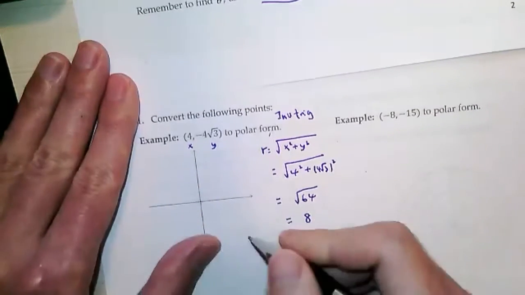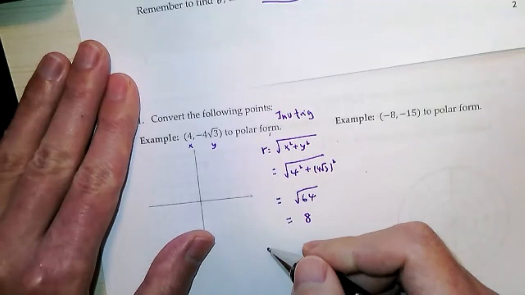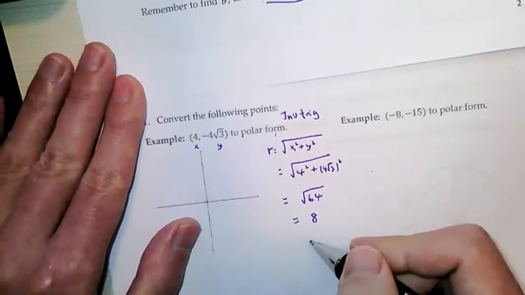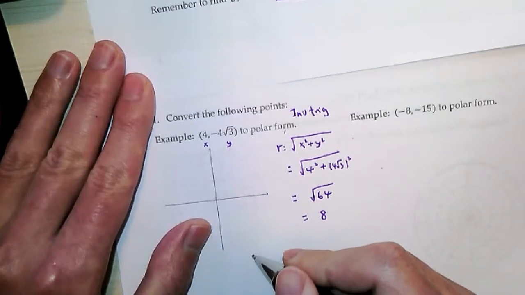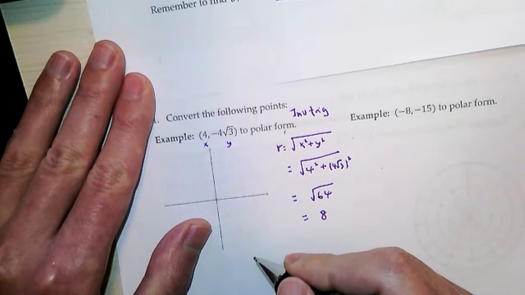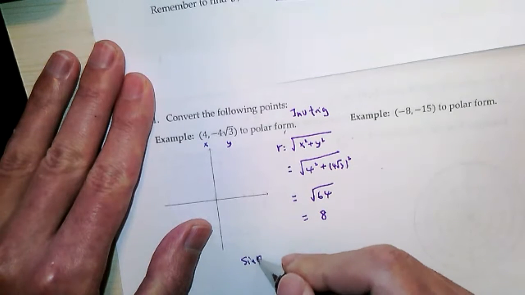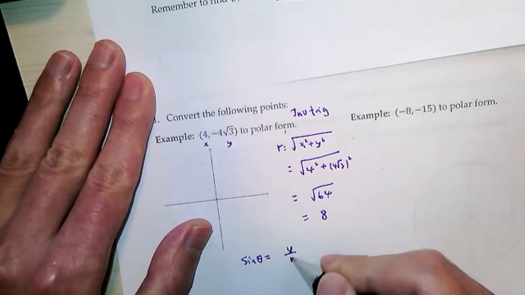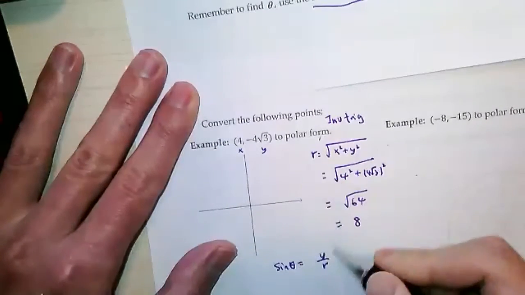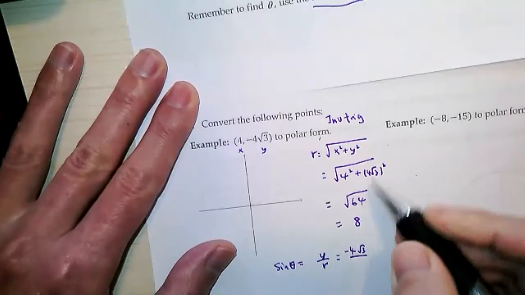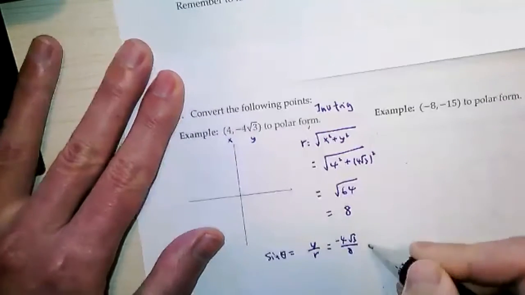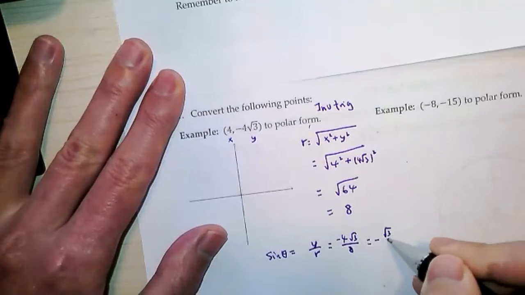How about theta? We figured out r, how about theta? So we know sine theta is y over r. Y is this guy, which is negative square root of 3 over r, which is 8, which gives you negative square root of 3 over 2.